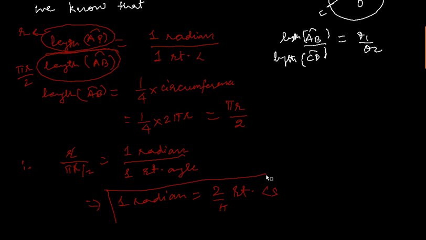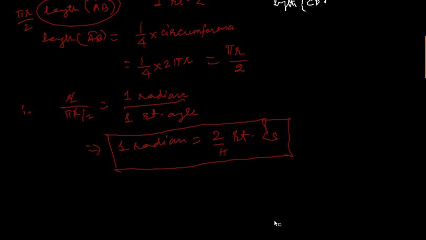Now you can convert it into degrees. We know that 1 right angle is equal to 90 degrees, so this is 2 by pi into 90 degrees. So 1 radian is equal to 180 upon pi degrees.